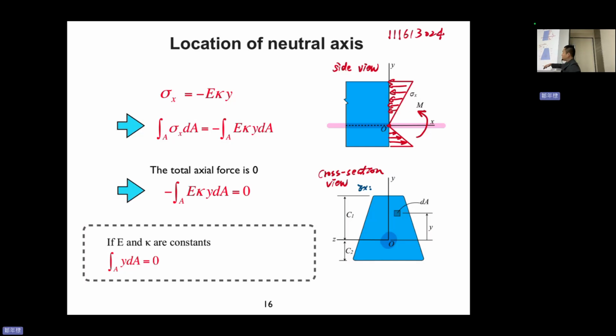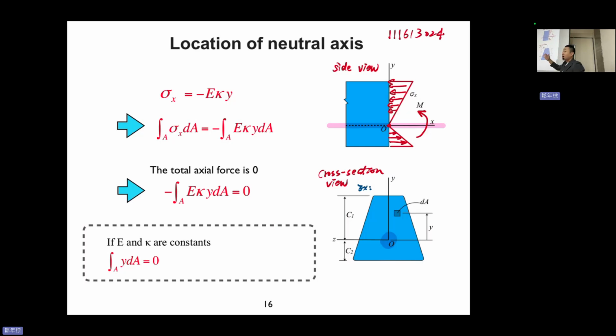How about the bottom? The bottom is tensile. The tensile stress will drag all these small dA toward you. So there's a force toward you, and a force into the monitor.